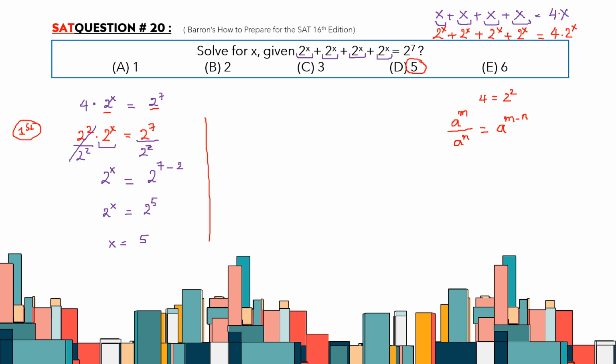How about the second method? We will apply another formula. We have a to the power of m, we multiply by a to the power of n, that will be equal to a to the power of m plus n.